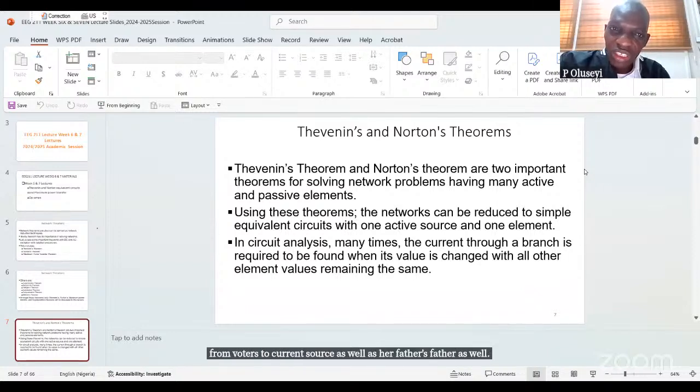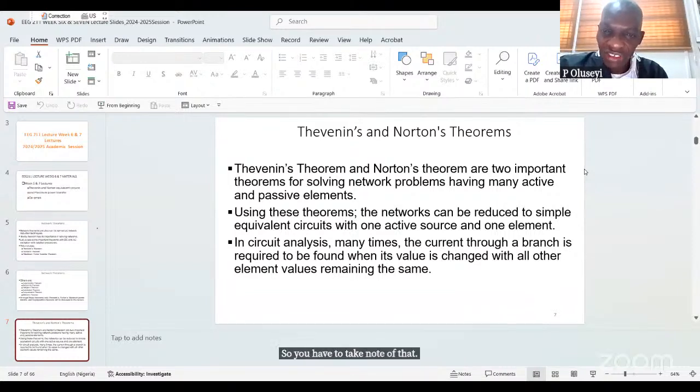The same way Thevenin and Norton, they run like that, whereby Thevenin depends mostly on the use of voltage equations like V equals IR. The Norton depends more on current. So you have to take note of that.